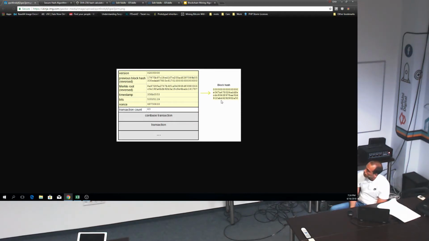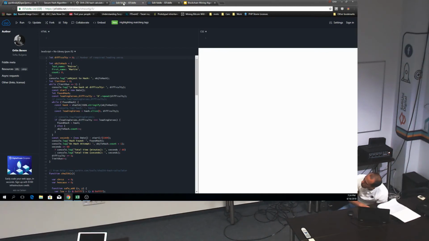We started with hello world, for example. I think this is an example that I uploaded to JS Fiddle, and here we could input some names, and then we would like to see how difficult it is to find a hash with some number added to this information and produce a hash with a fixed number of leading zeros in the end.